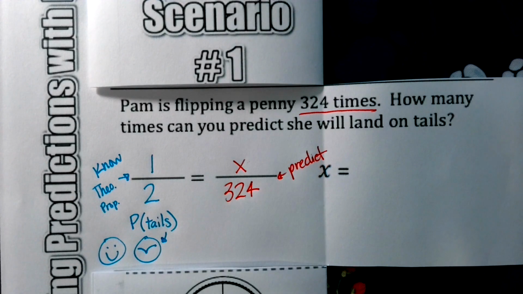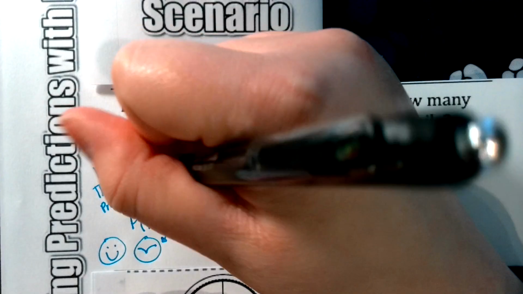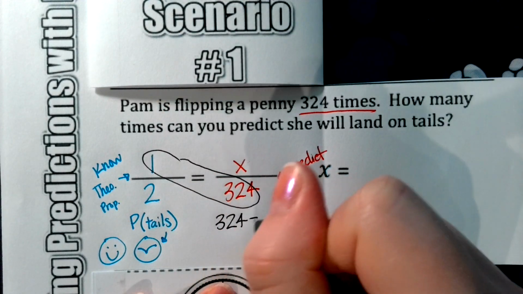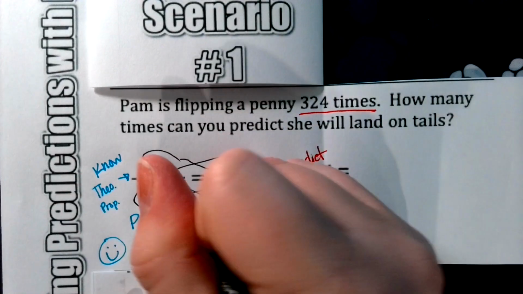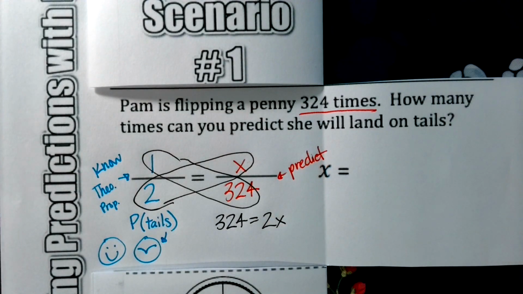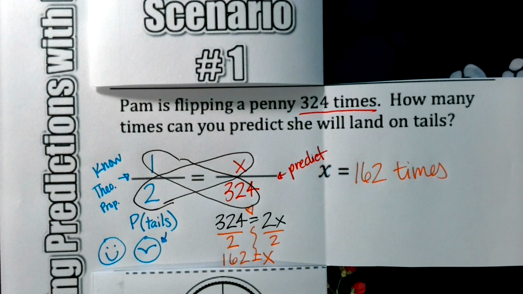Nice job setting that up. So now we cross multiply. Go ahead, pause the video and solve that for me on your own. We would predict that Pam would flip tails 162 times.